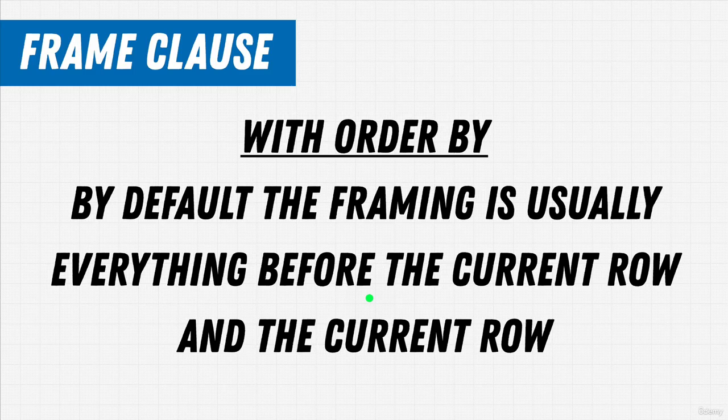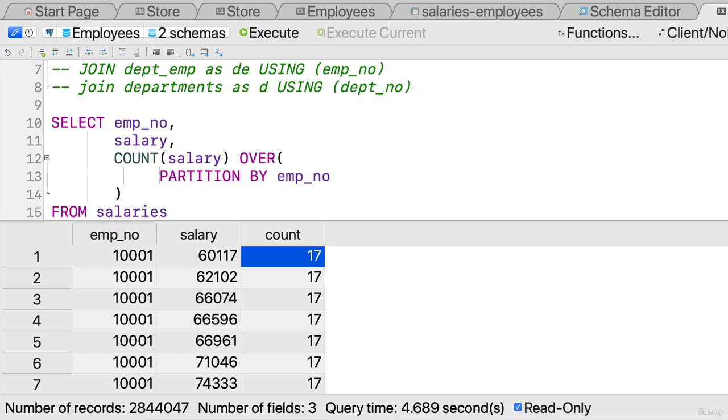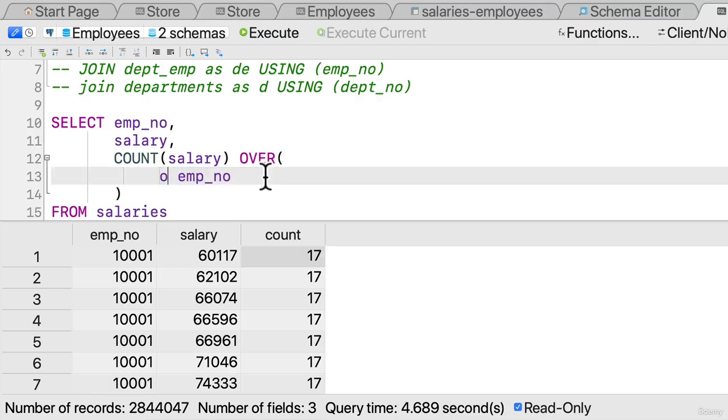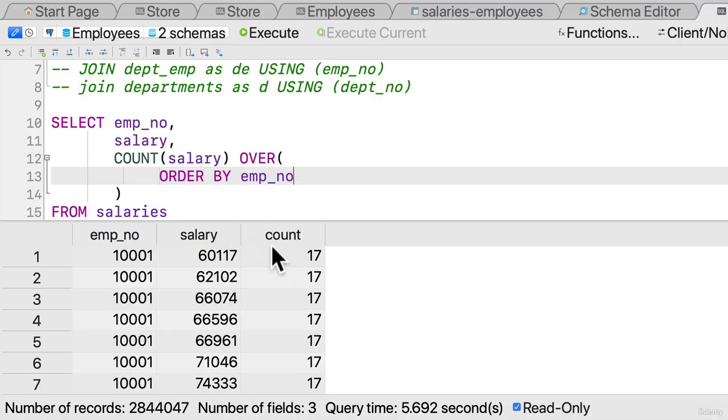So let's put that to practice. If it is everything before the current row and the current row, and we order by employee number, we're going to see something along the lines of what in math we call a cumulative sum, where we're taking everything that came before.